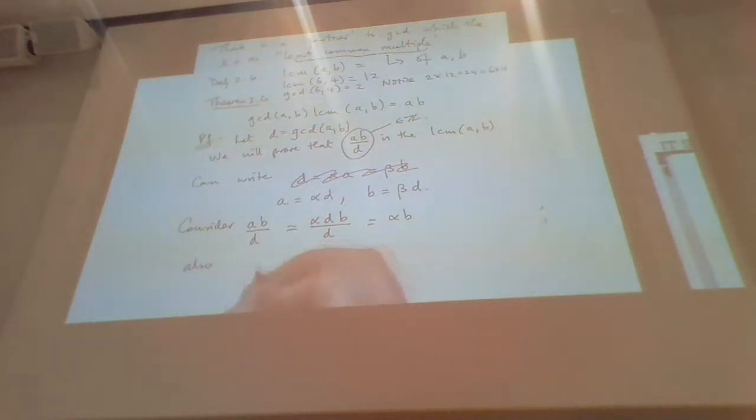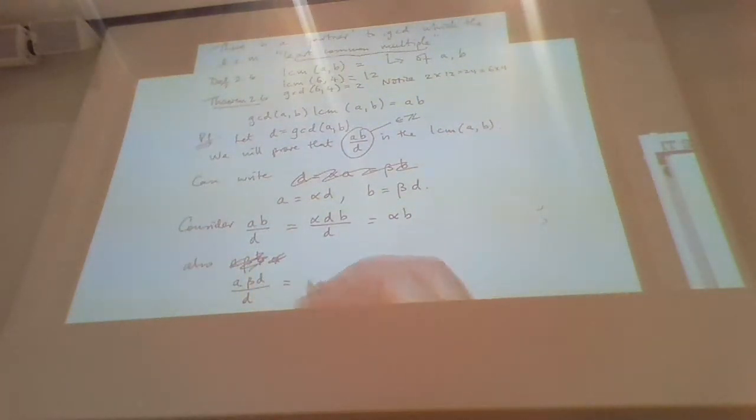But also we can instead cancel the D out of the B. So replace the B by beta D, and then we can cancel that D there. So that's also AB over D equals beta times A.